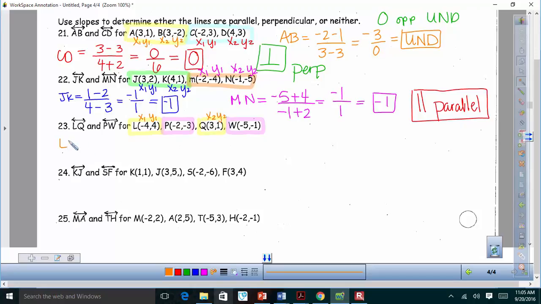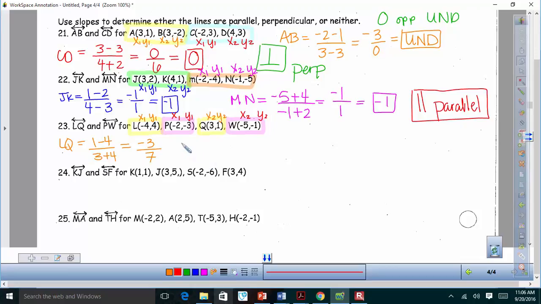So I'm going to label this LQ equals 1 minus 4 over 3 minus a negative 4, which is 3 plus 4. Okay? So 1 minus 4 is a negative 3, and 3 plus 4 is 7. Okay? Now let's label P and W. So this is X1, Y1. This would be X2 and Y2.